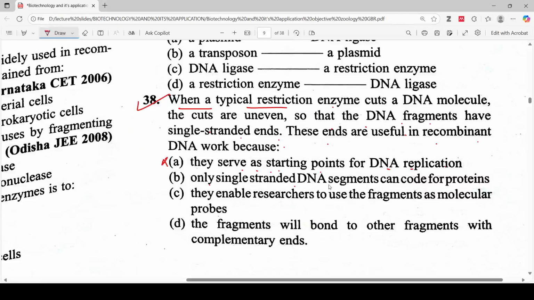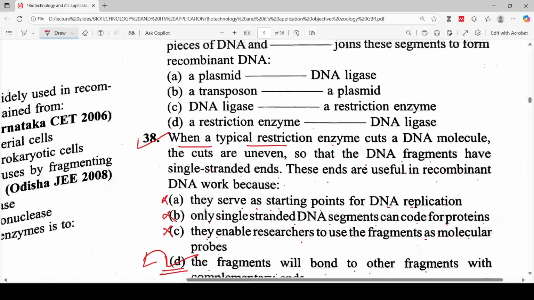Option B, only single-stranded DNA segments can code for protein. This option is also not correct. Option C, they enable researchers to use the fragments as molecular probes. And option D, the fragments will bond to other fragments with complementary ends. So the correct answer is option D.